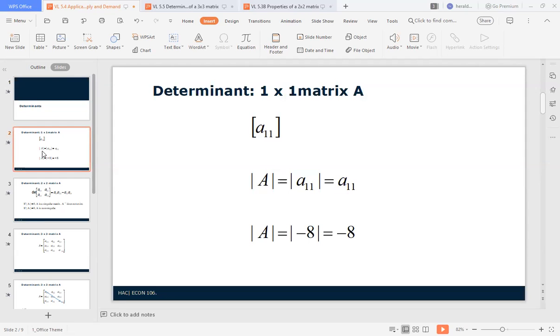For a 1-by-1 matrix, if you get the determinant of A11, you'll also get A11. So the determinant symbol preserves the sign of the element. For example, if you are getting the determinant of -8, then the determinant would also be equal to -8.